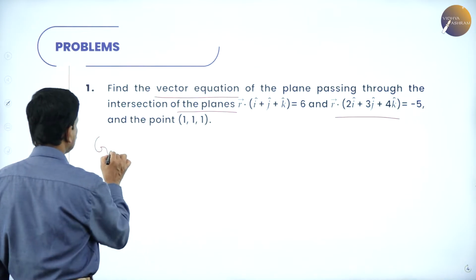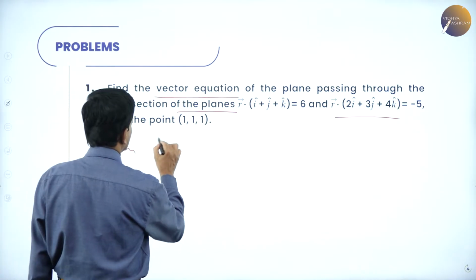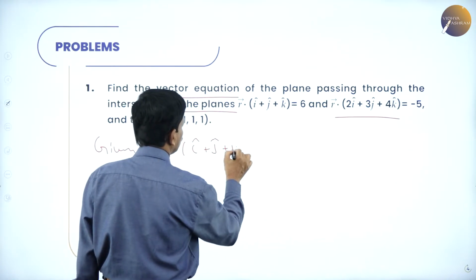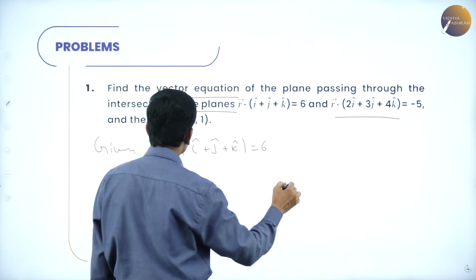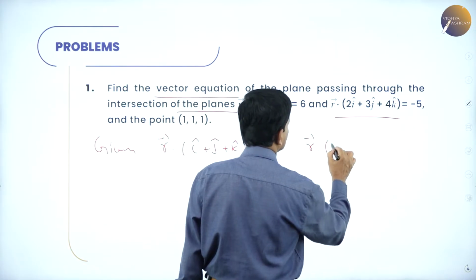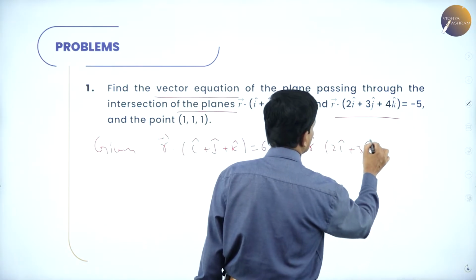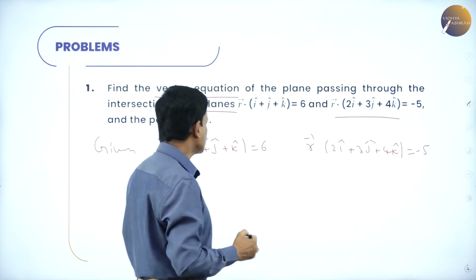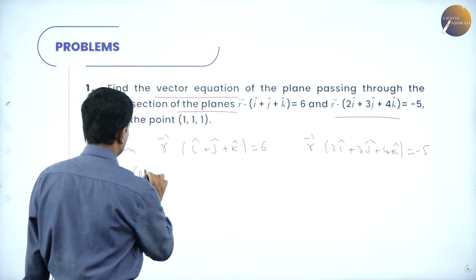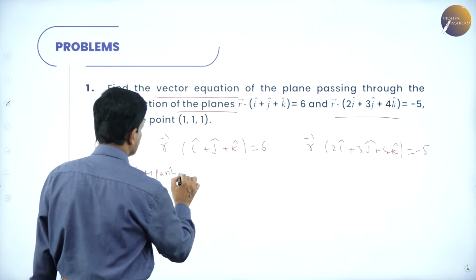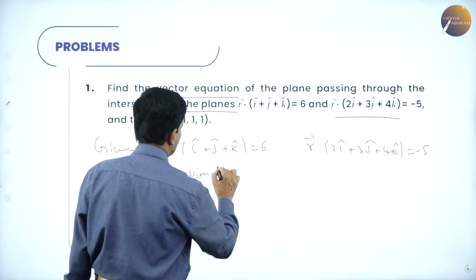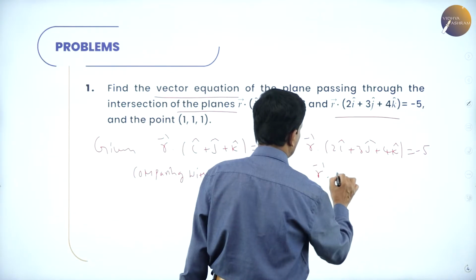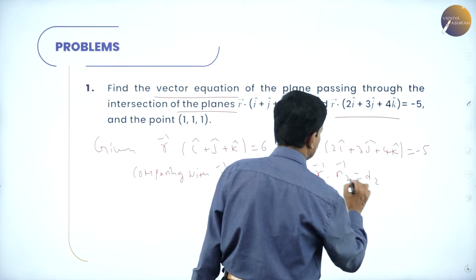So given: r dot (i cap plus j cap plus k cap) is equal to 6. Another equation is r dot (2i cap plus 3j cap plus 4k cap) is equal to minus 5. Now let us compare this with r dot n1 is equal to d1 and r dot n2 is equal to d2.